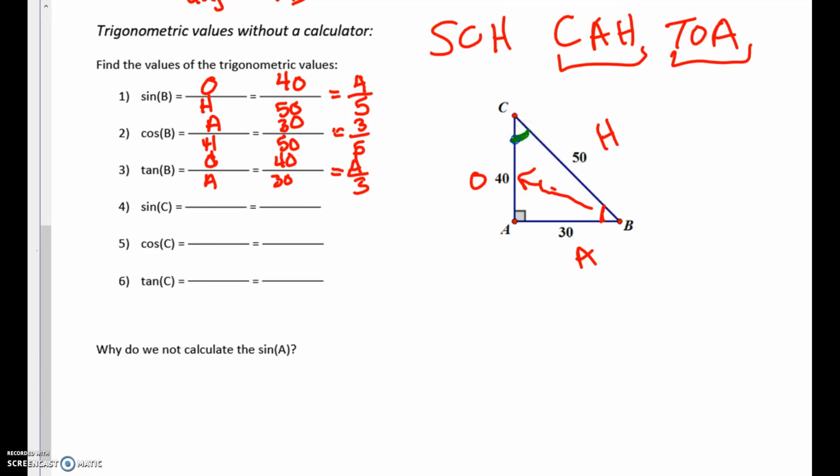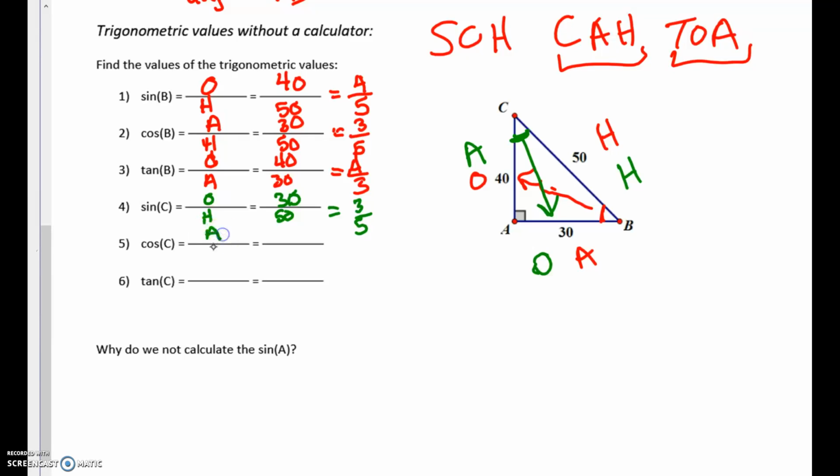Well, here's angle C. And my opposite angle C is 30, so that's my opposite side. My adjacent side is 40, and my hypotenuse never changes, right? Hypotenuse never changes. So sine is O over H, right? So opposite here is 30, H remains 50, and so I get 3/5.